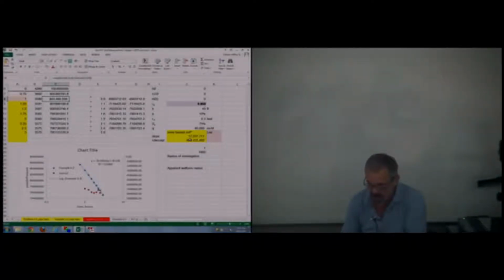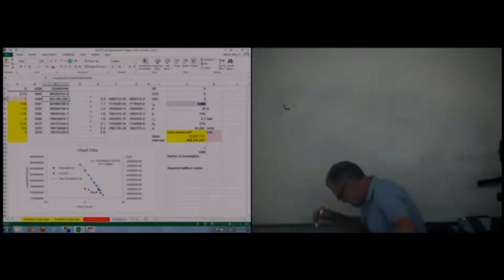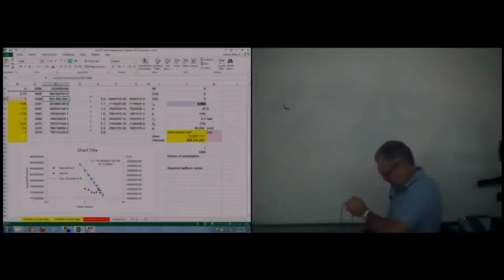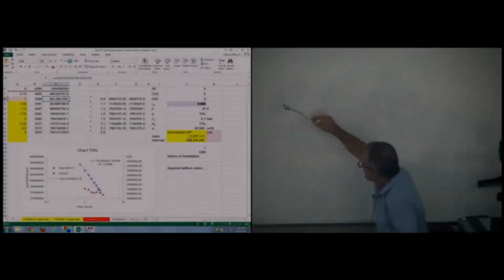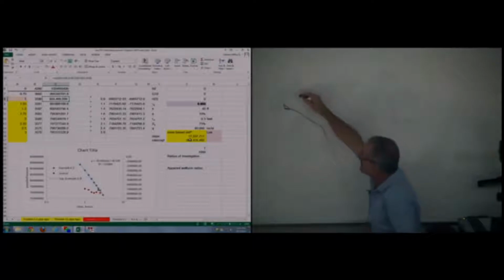Unfortunately, we're wrong there. Because in some cases, we may not be in the middle time region. This is our middle time region.